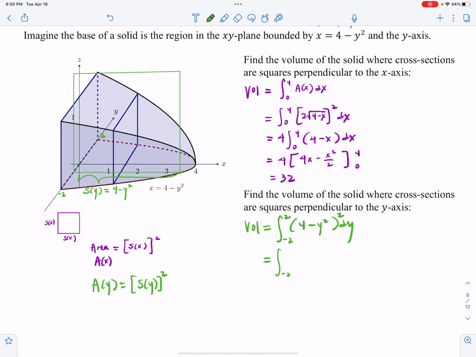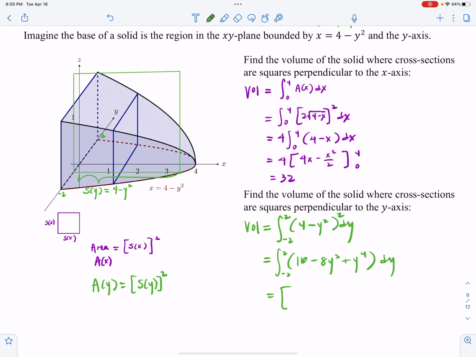Okay. So that needs to be multiplied out, because I'm tired, you guys. I'm sorry. U substitution would not work in this case. We do have to multiply out. When that is multiplied out, that's 16 minus 8y squared plus y to the 4th dy.